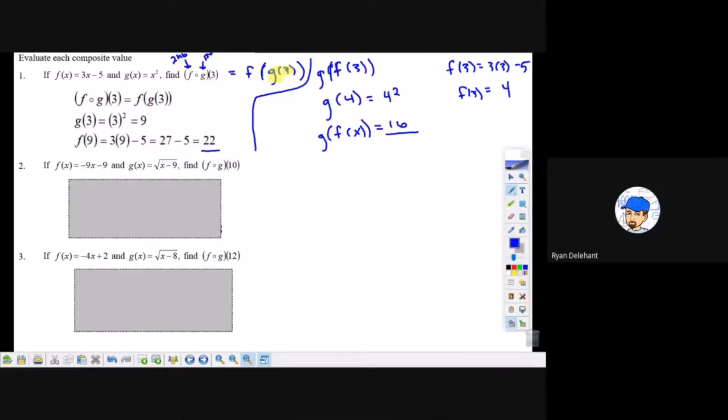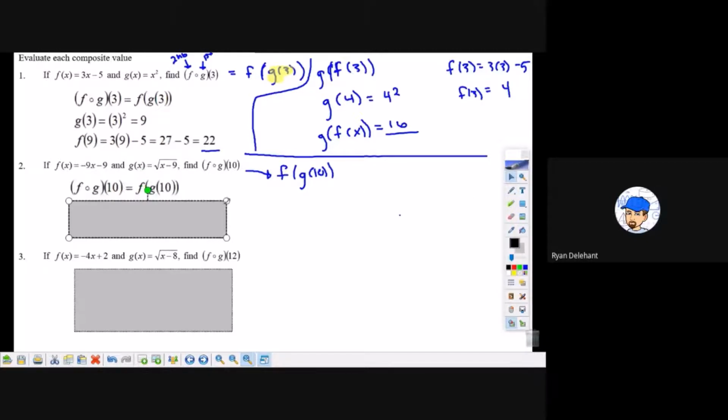All right, so again, if you're ever given this notation, my personal preference with it is that I don't like this notation. I like that one because it just clicks in my brain a little bit better. Hey, find g of 10, then plug it into f. So I always rewrite these things first.